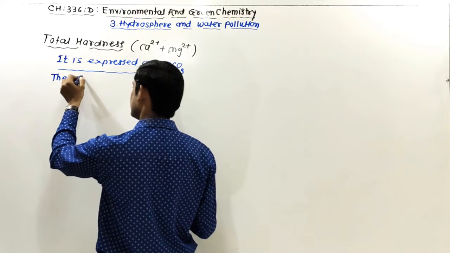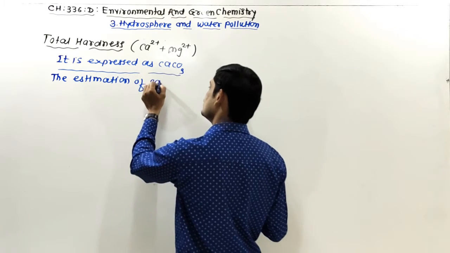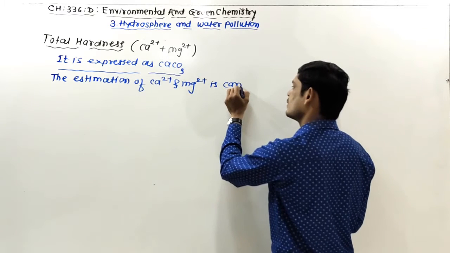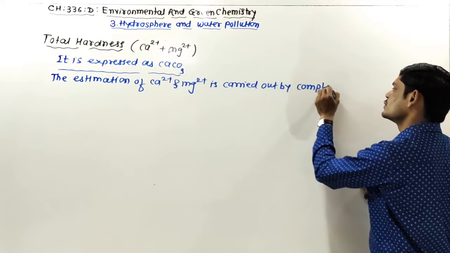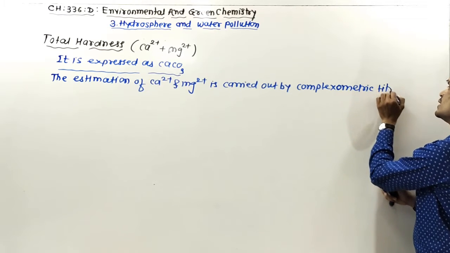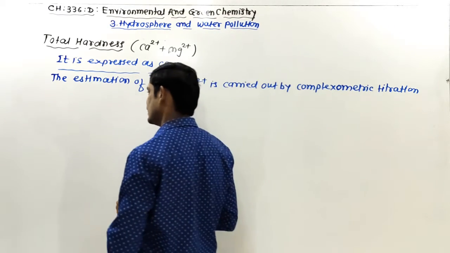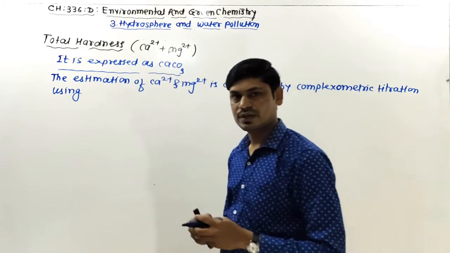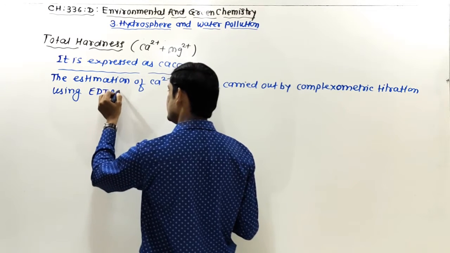The estimation of Ca2+ and Mg2+ is carried out by complexometric titration. For that purpose, EDTA is used.